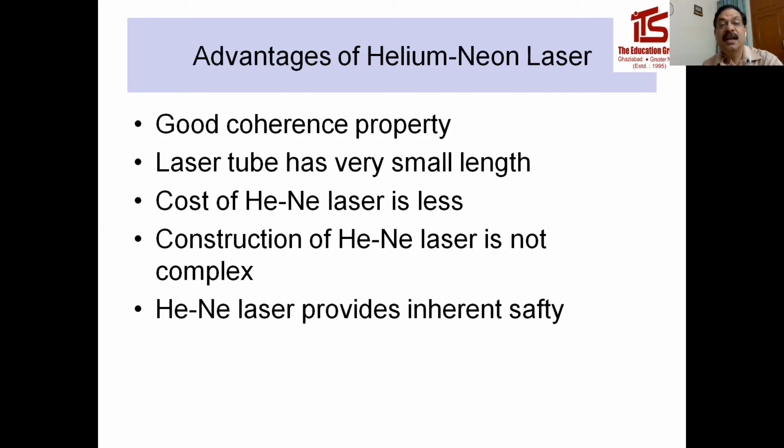And the main advantages of the helium neon laser is that the cost is less than most of the other lasers, and the construction of helium neon laser is also not very complex.